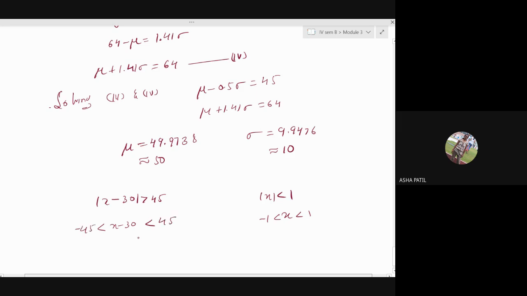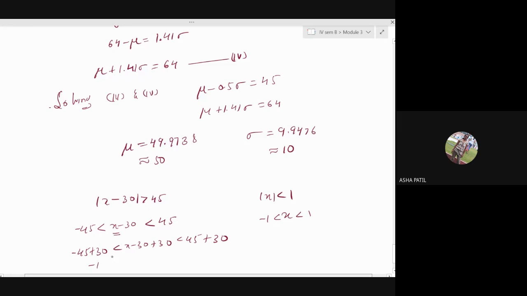Now we want x here, we don't want x minus 30. So add 30 on both sides. It is like totally adding 30 on the whole. What will you get?